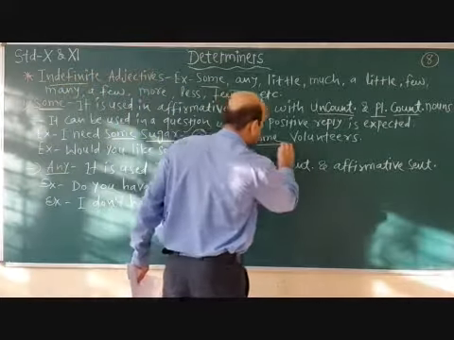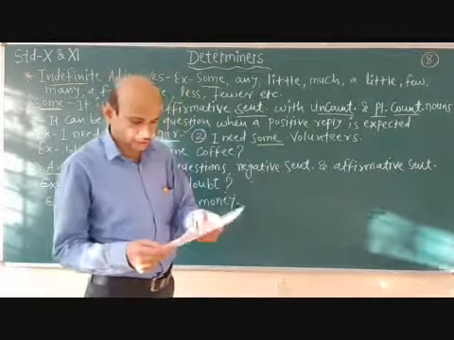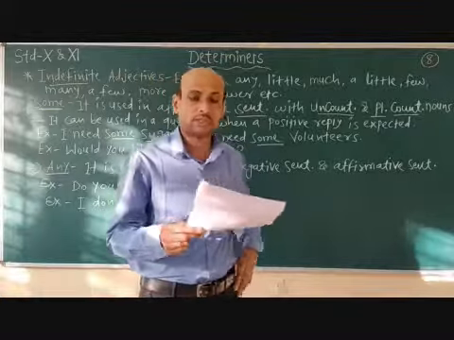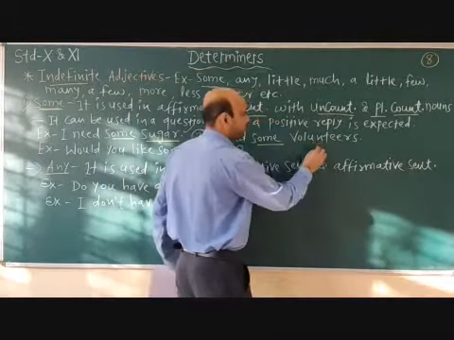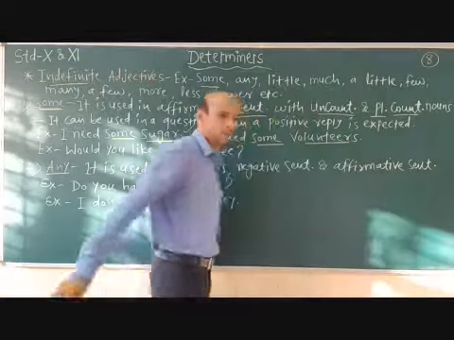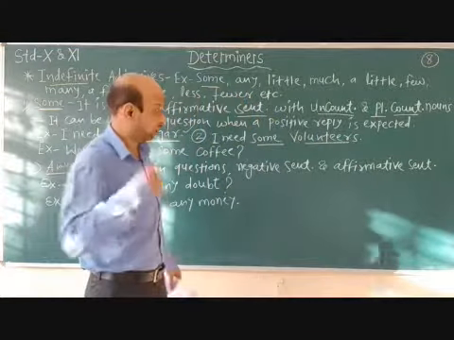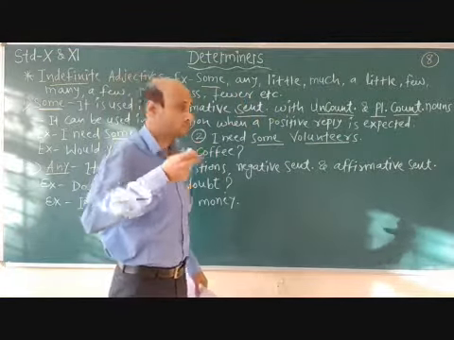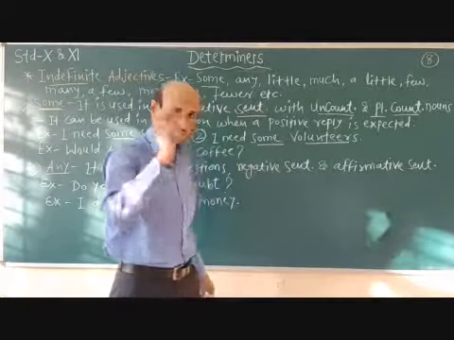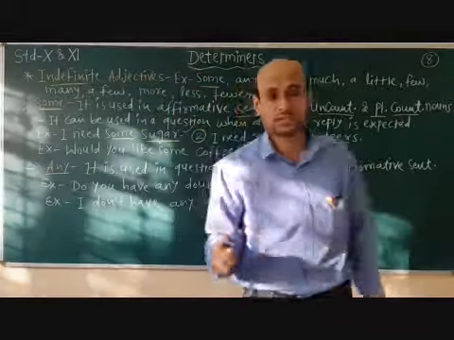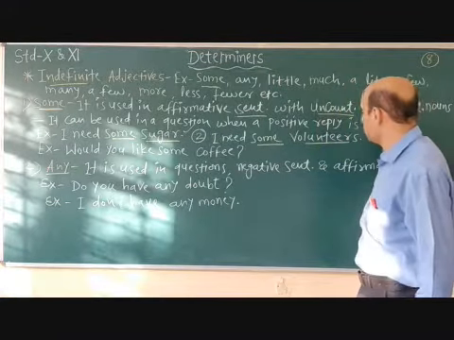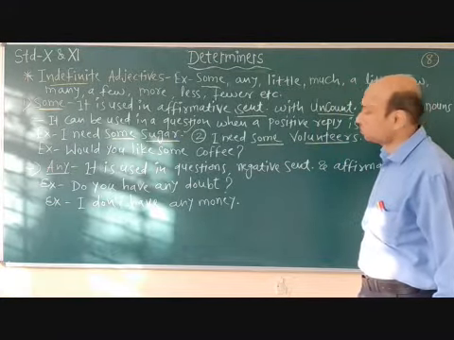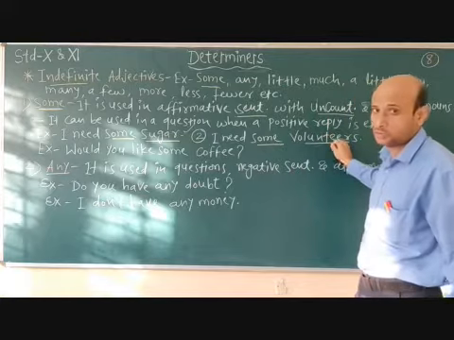Look at the second example. I need some volunteers. Volunteers, it is countable plus plural. We can count, but plural. So before plural countable nouns also we can use this indefinite adjective or determiner.